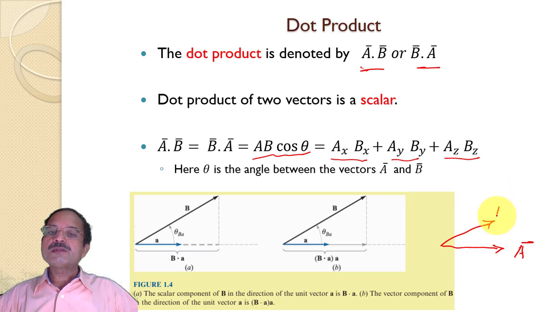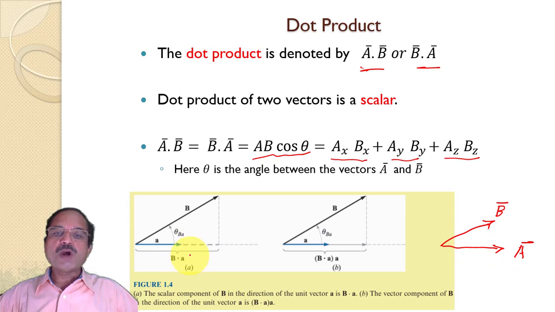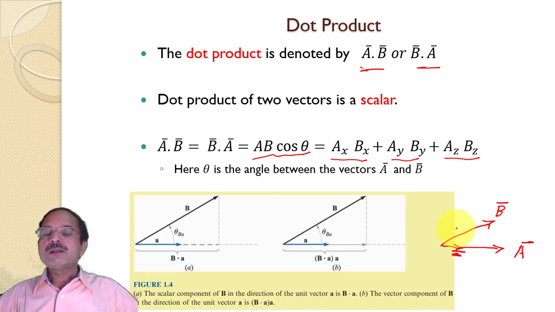If I want to find the component of vector b in the direction of vector a, we can find it using this, where small a is the unit vector in the direction of a. So I take the dot product of vector b and the unit vector in the direction of a. That is the application of the dot product: finding the component of one vector in the direction of another vector.